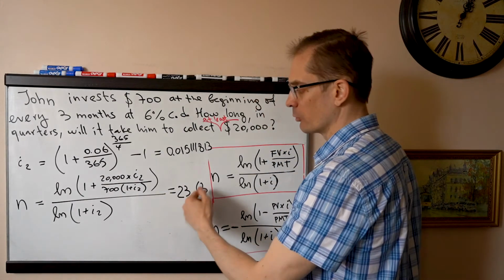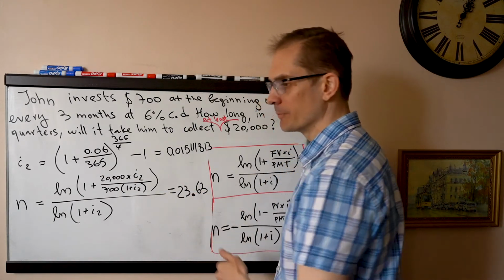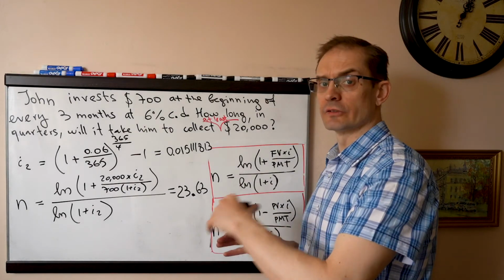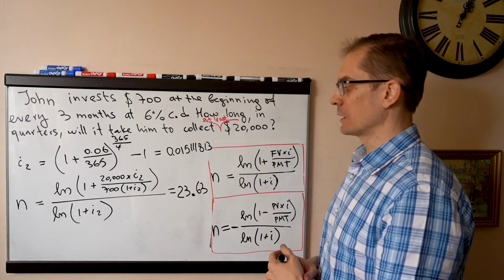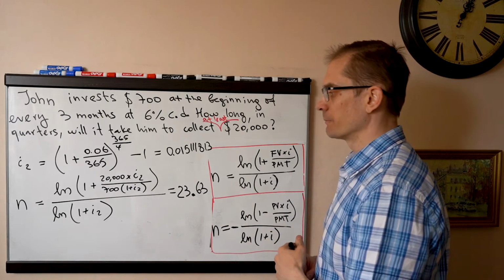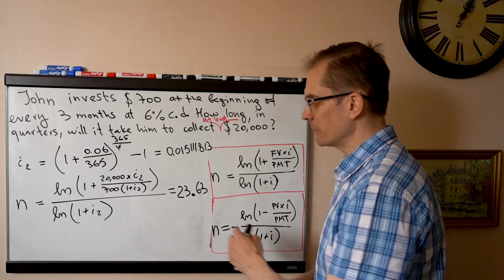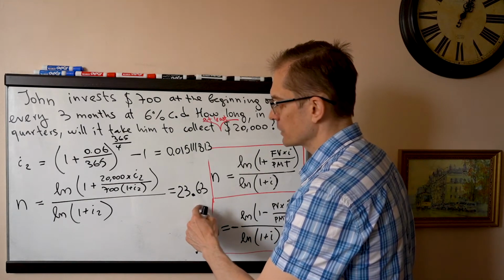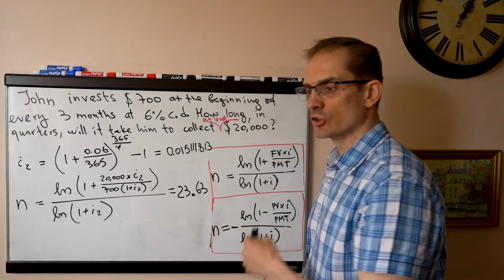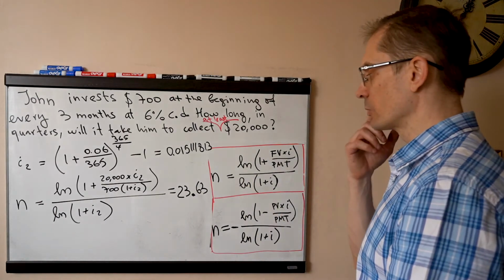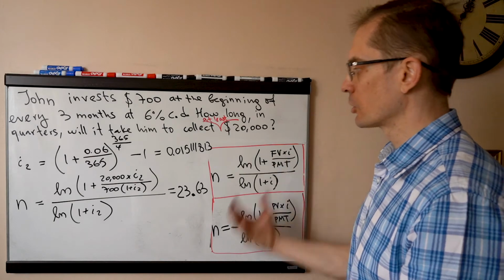We can always safely say that it's going to be 24 positive payments in total. So 24 payments in total will be required here, and if converted into the number of quarters, that will be 24 quarters. So the answer for this problem will be 24 quarters.